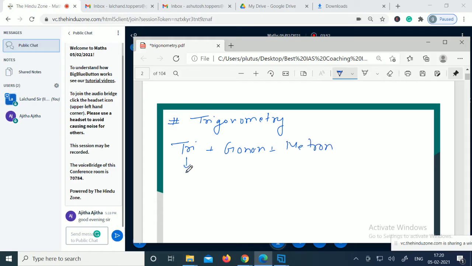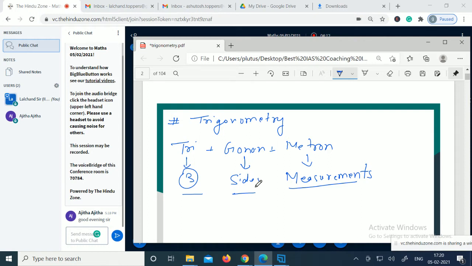Okay, tri means three, gonon means sides, and metron means measurement. So now you can decode what trigonometry is all about.